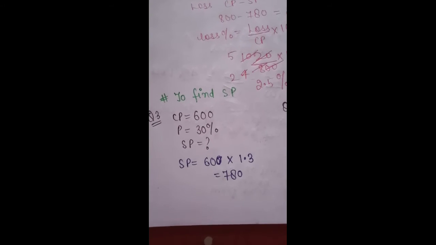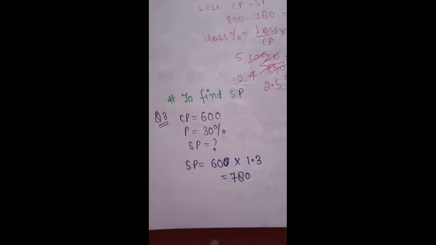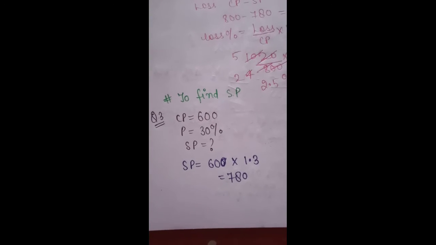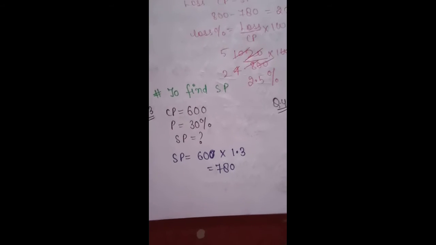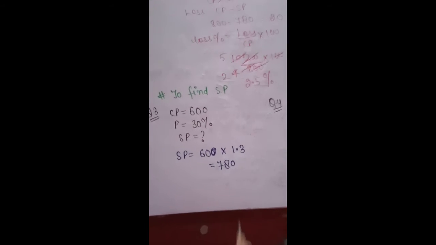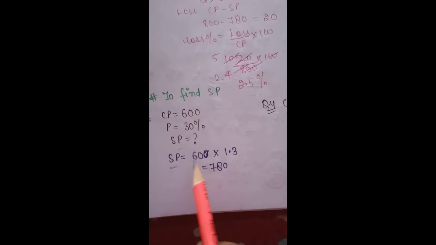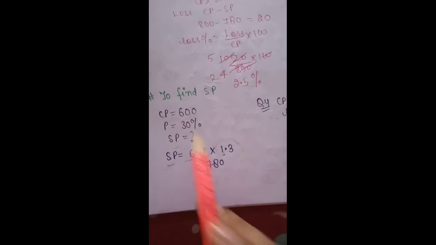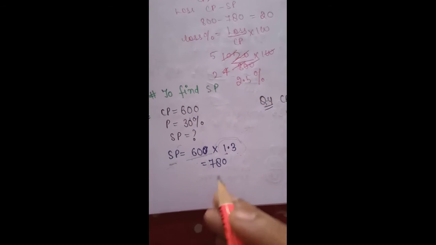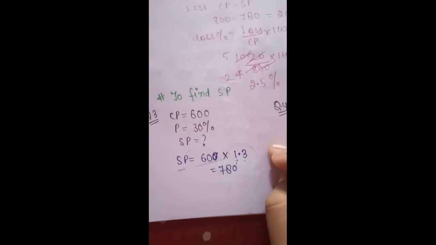Now I will tell you the trick to find the selling price. The question is, cost price is 600, we have a profit of 30%, and the selling price is to be calculated. The trick is that to calculate the selling price, we take the product of cost price and the multiplication factor. This multiplication factor is calculated by assuming everything to be 100 here.